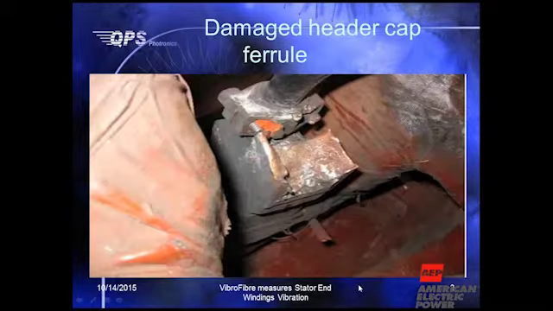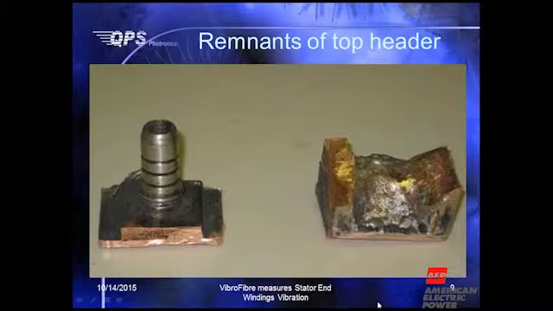And the next slide will show you the actual damaged header cap. So that header was rebuilt and reworked, and you can see on the left versus the one that is damaged. Quite a bit of severe damage has occurred.